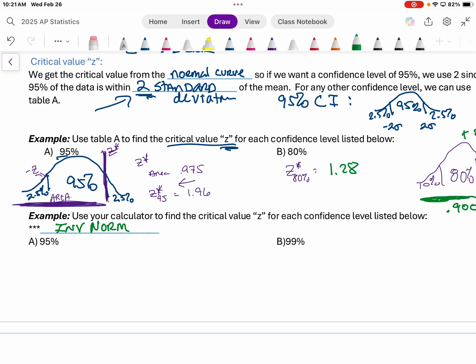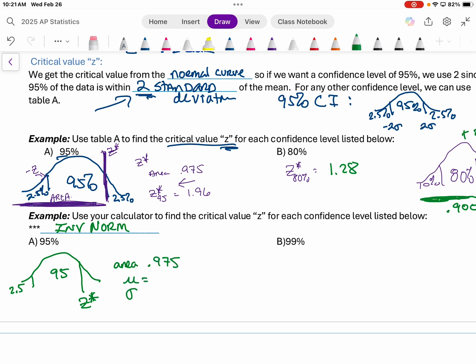That's what we use. So again, you can do it in your head, but we're basically trying to find this number right here. So that's the 95 plus the extra little piece here. So the area we're trying to use is 0.975.